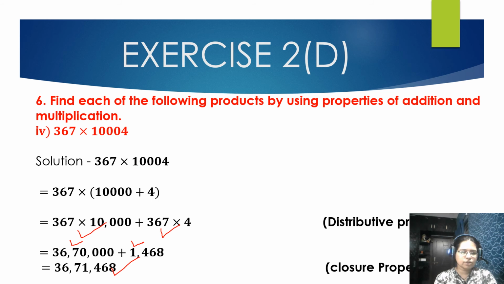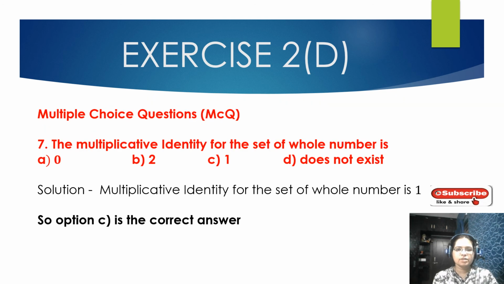So we get 367 multiplied with 10,004 equal to 36,71,468.